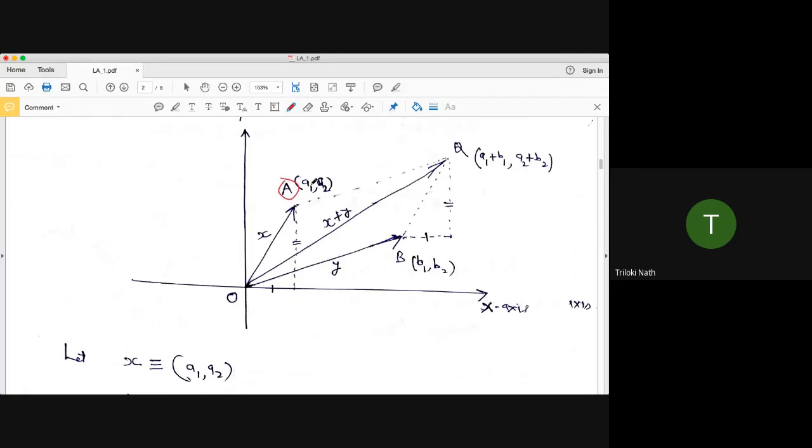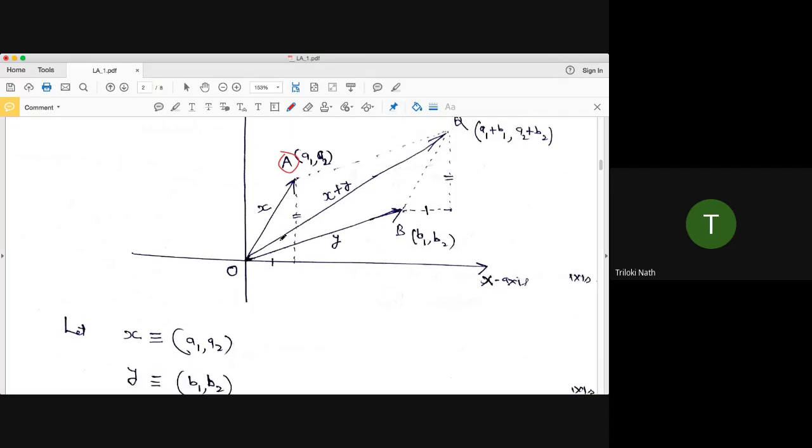So what is the position vector of any point? Join the point A to the origin O, then the vector OA from O to A is called the position vector of A. Similarly, the position vector of Q is OQ, and the position vector of B is the vector OB. So x represents the position vector of A. In other words, the coordinate of x is (a1, a2).